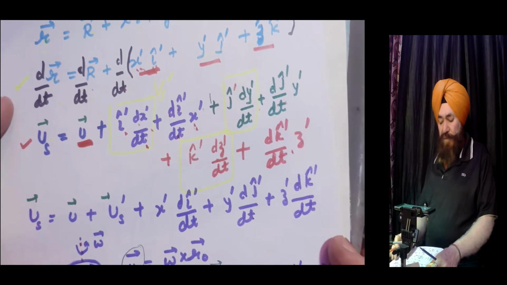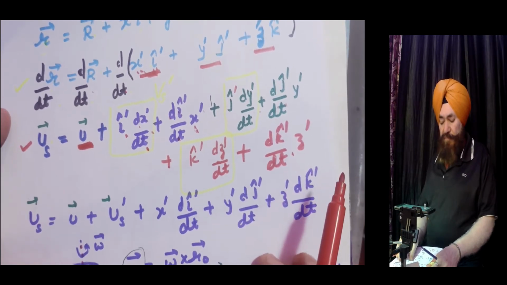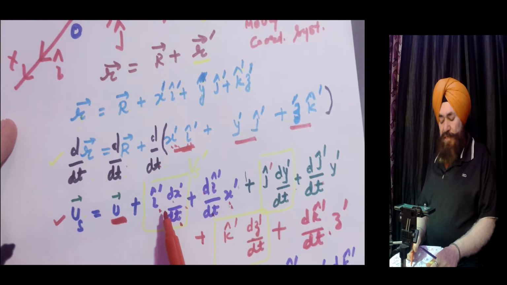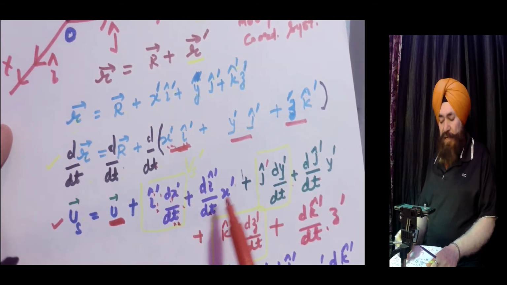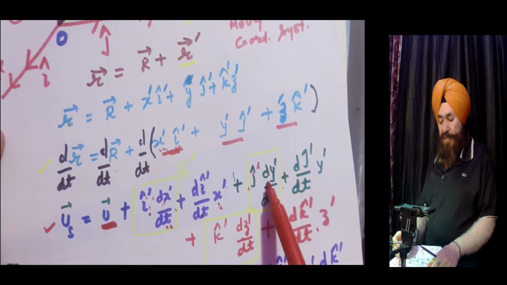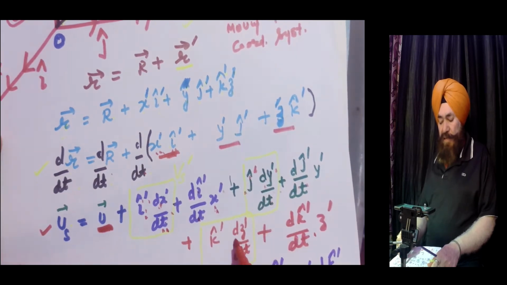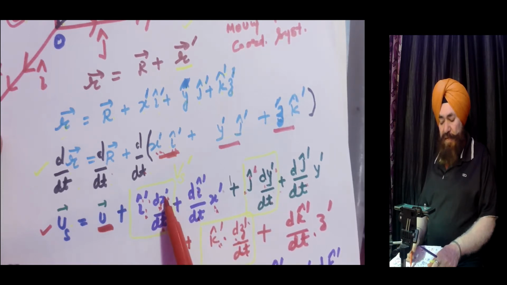Now note down here: what is i cap dash dx dash over dt, j cap dash dy dash by dt, k cap dash dz dash by dt? What is dx dash over dt? What is distance over time? Velocity, and it is dash.